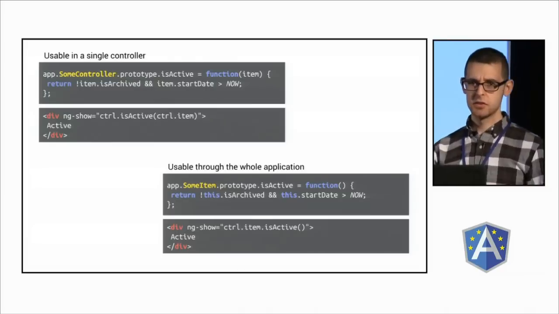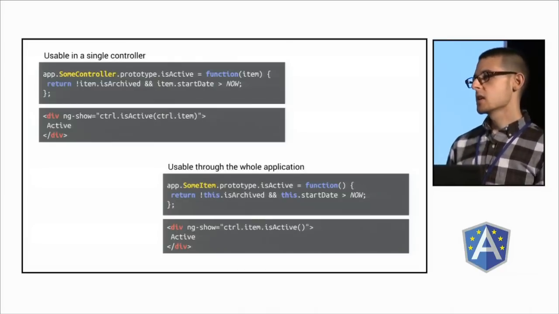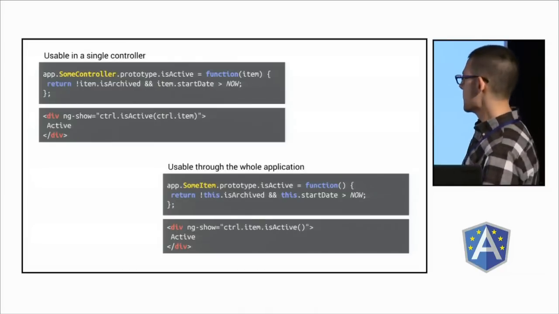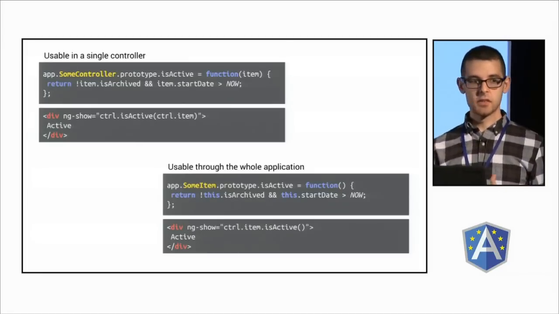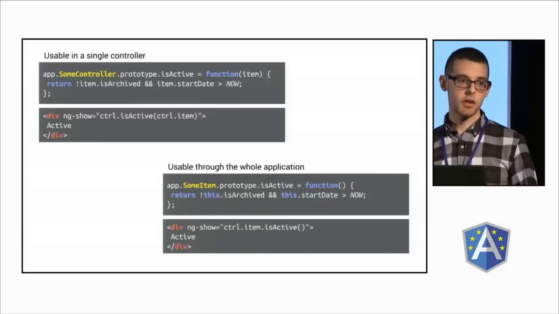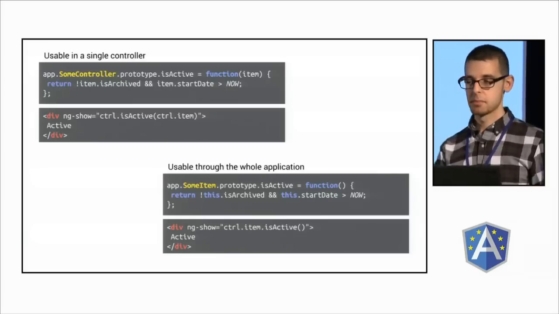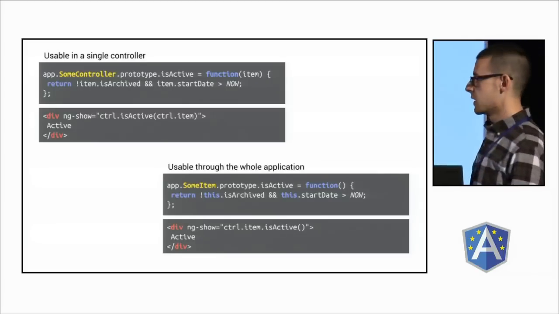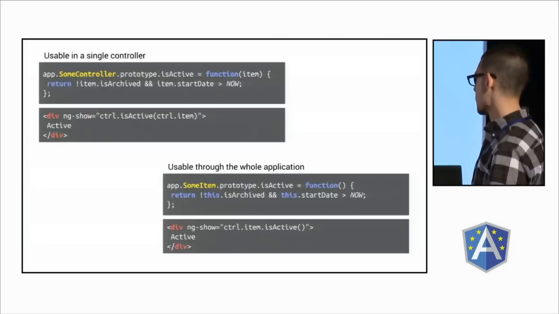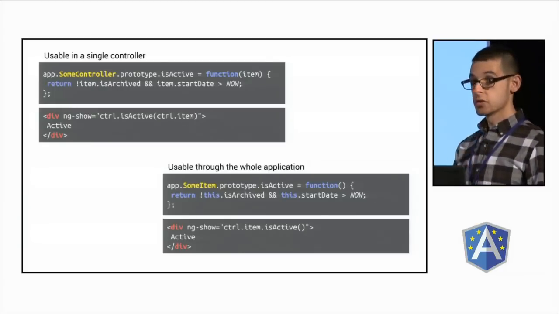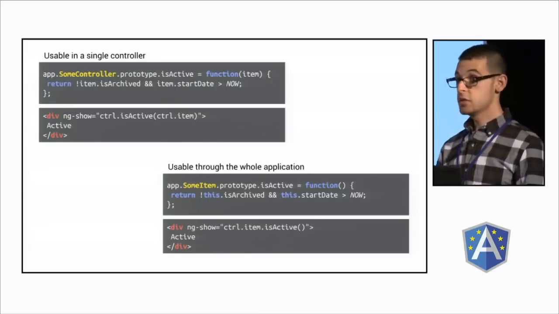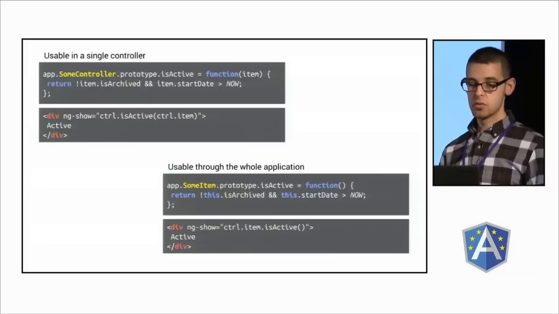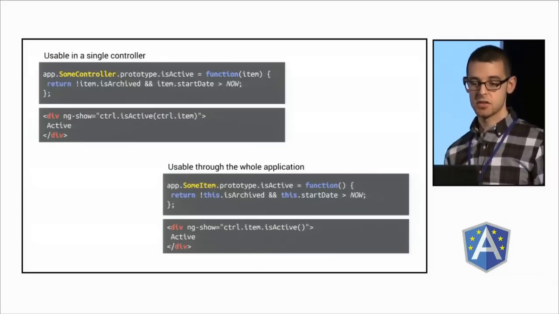And if you look at these two code examples, they are pretty much exactly the same in terms of complexity. It's only in the organization of the code where the real difference comes into play. In the first example, the function lives on the controller itself and is only usable in that one place. In the second example, that function lives on the item and is usable anywhere where you're binding to that type of item throughout your application.